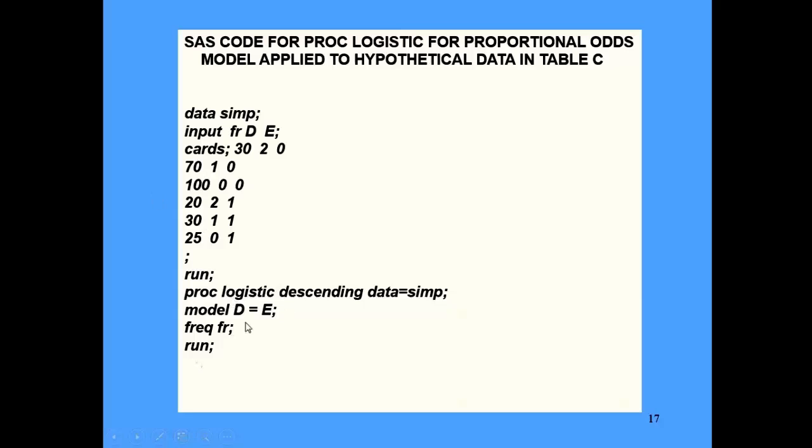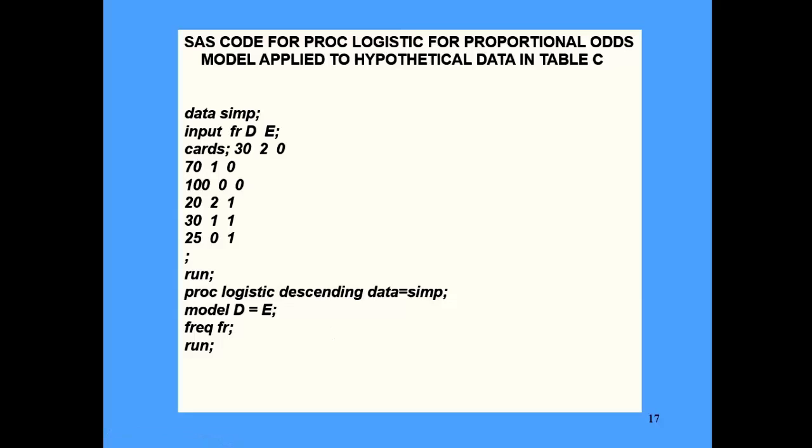So this is the key part. This is just putting in the data. The key part says proc logistic descending, one way of doing it, descending, to make sure that the outcome is not the zero, but the higher number. Data, that's the name of the data set, SIMP, simple data set. Model, D equal to E, what does that say?